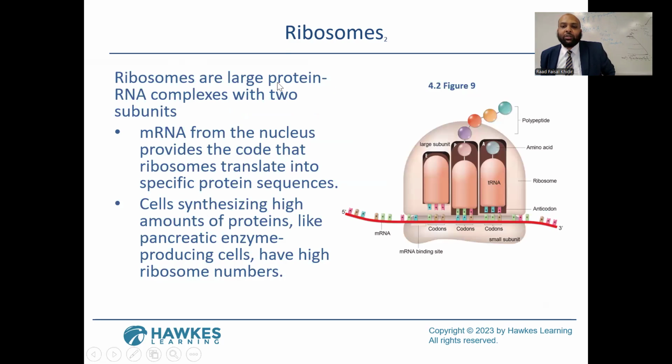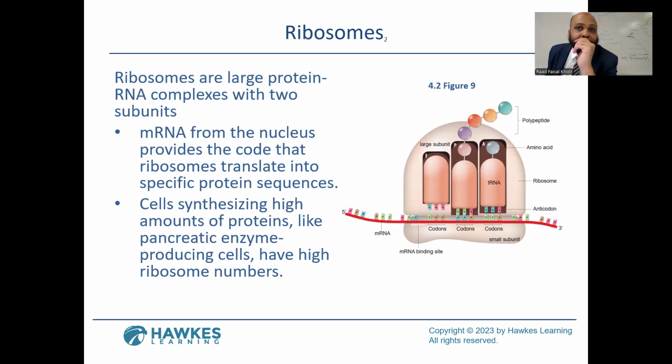Ribosomes are large protein RNA complexes with two subunits. So there is a big subunit and a small subunit. In prokaryotes, they are called the 30S subunit and the 50S subunit. They don't add up, 30 and 50.